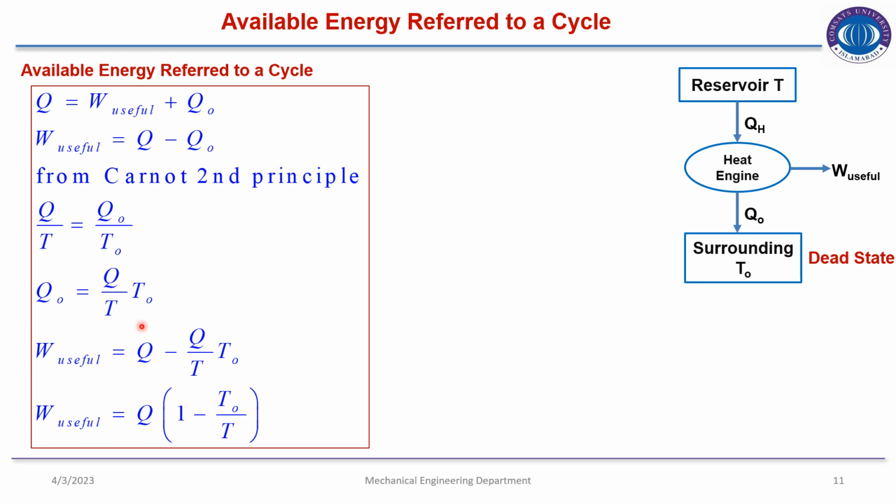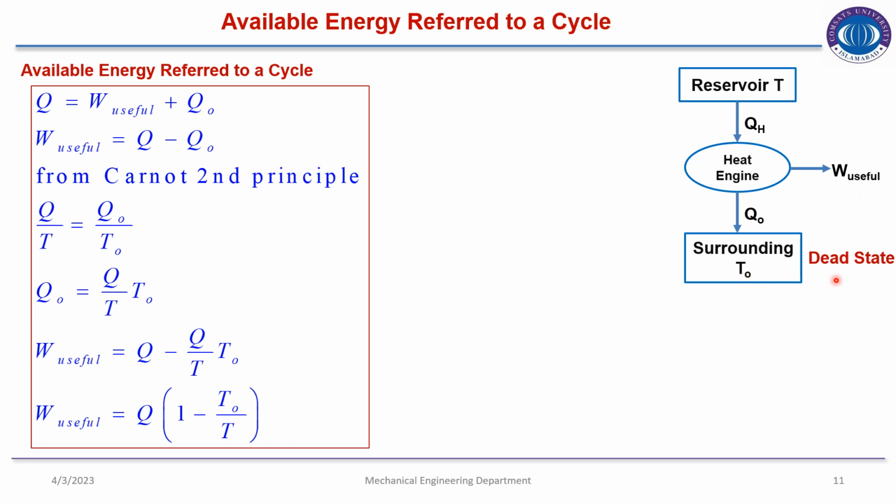So here are some calculations. That is the same schematic that we have discussed. The high temperature reservoir is at temperature T, the low temperature reservoir is at temperature T naught, QH amount of heat is absorbed from the high temperature reservoir, Q naught amount of heat is ejected to the low temperature reservoir, and W useful amount of work is produced.